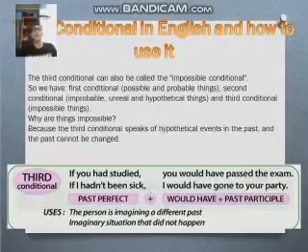The condition is impossible to fulfill now because the party has already passed. This conditional is formed like this: if plus past perfect, then would have plus past participle.